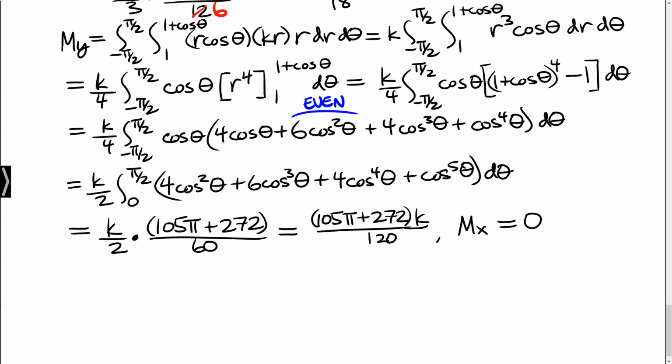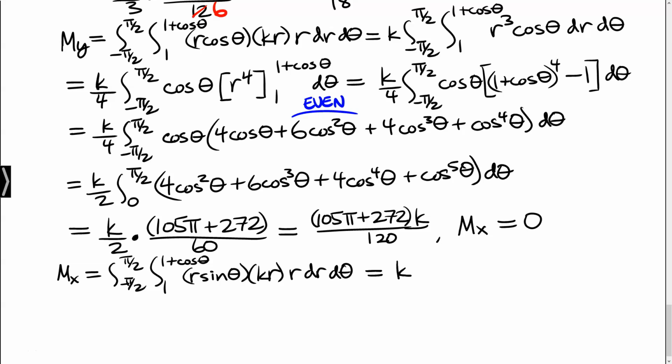So I'll just kind of go through enough here. So we can start off like we did with the previous one. We're not going to have to go nearly as far, though, because we're going to reach a point where we're going to be able to see that it's 0. So instead of r cosine, we would get r sine. So that's the key. It's r sine, not r cosine, times kr times r dr d theta.